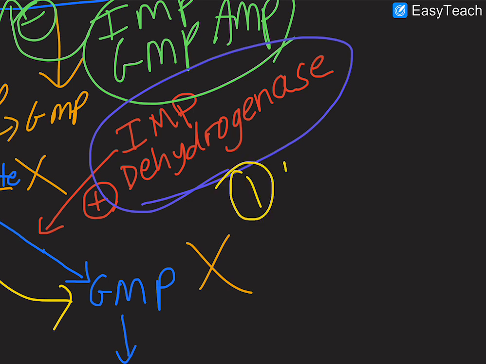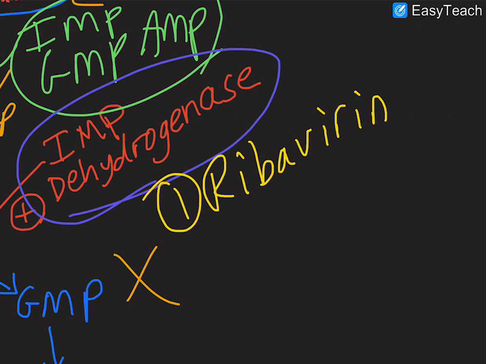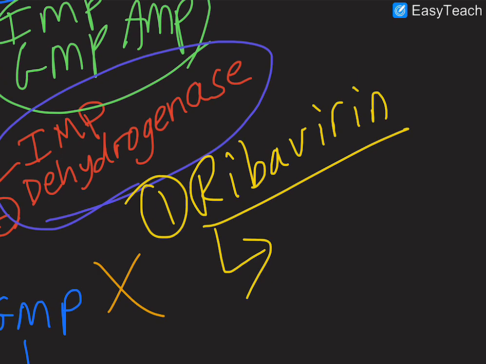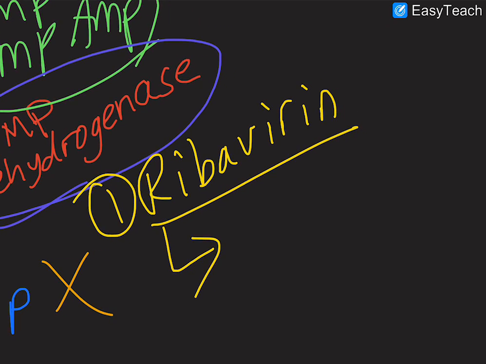First drug we should note is ribavirin. This drug, ribavirin, right? For example, if we're talking about real life significance of this drug, we can use ribavirin to treat a certain virus that's called RSV, right? Respiratory syncytial virus.